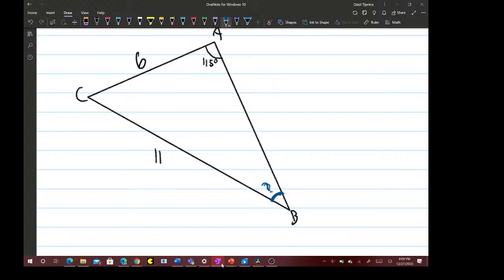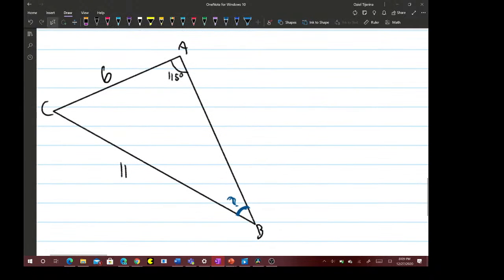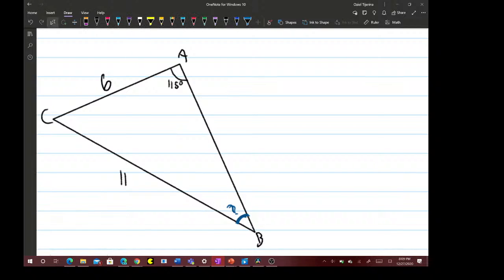Okay. So we have to use the law of sines. Now the law of sines, if you don't know your formula, it can be two things.